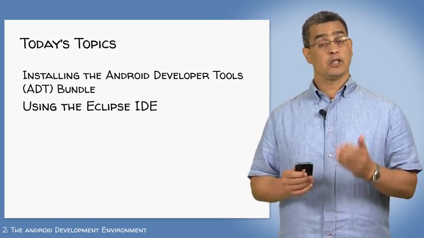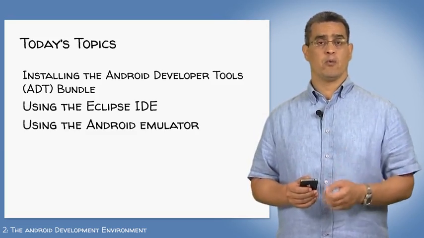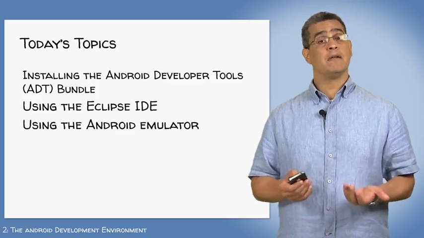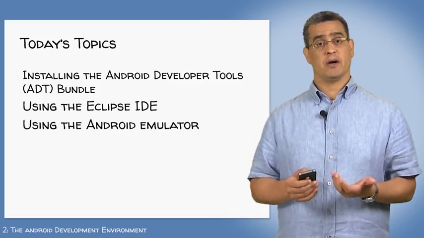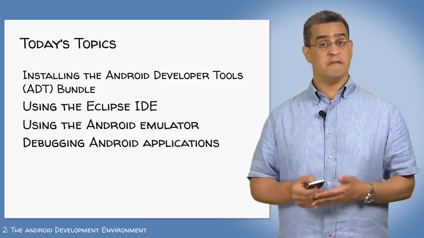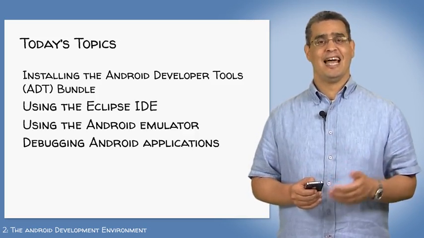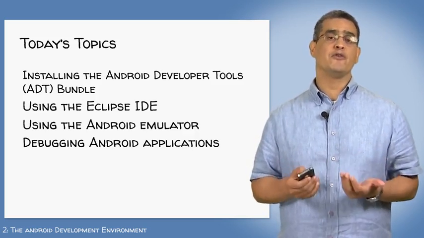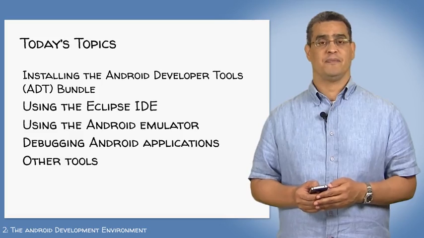After that, I'll show you some specific tools, such as the Android emulator, which allow you to run Android applications without needing a physical device. And then I'll show you how to use the Eclipse debugger to help you diagnose any eventual problems that you might have in your application. And lastly, I'll show you a variety of other tools designed to help you further perfect your applications.